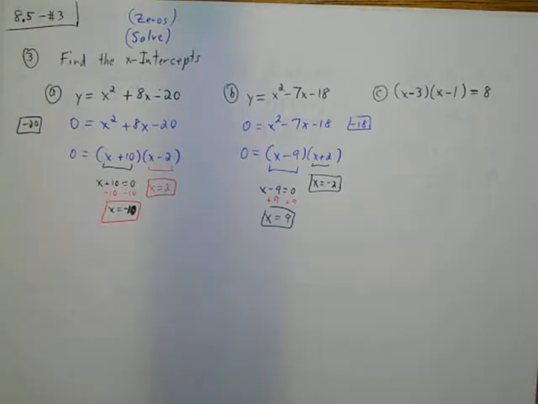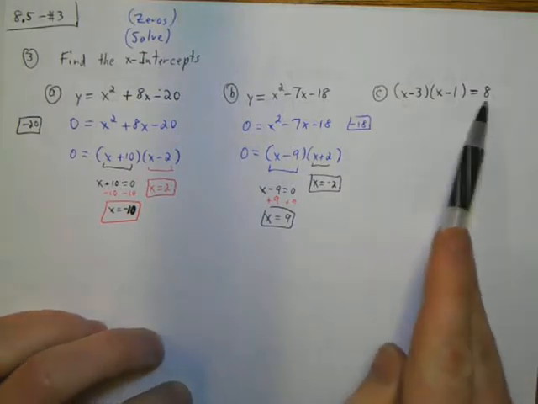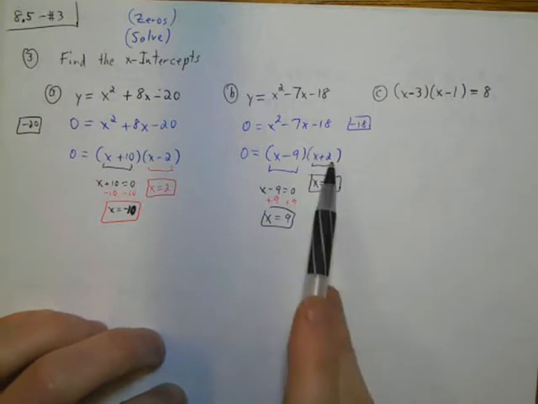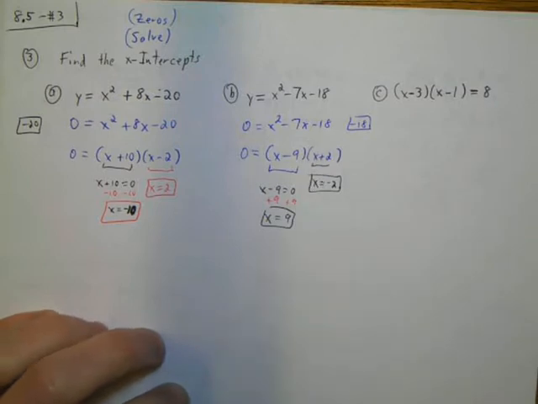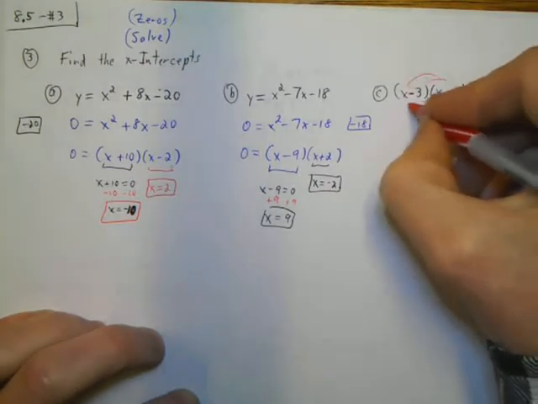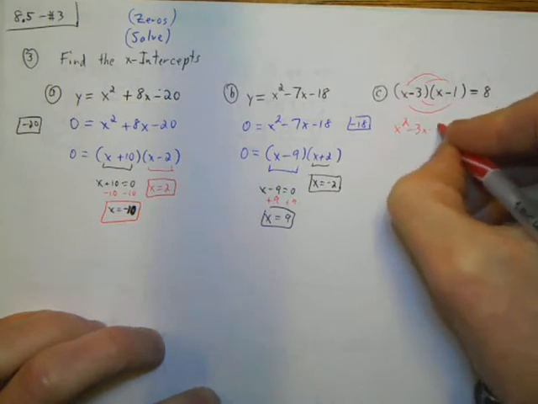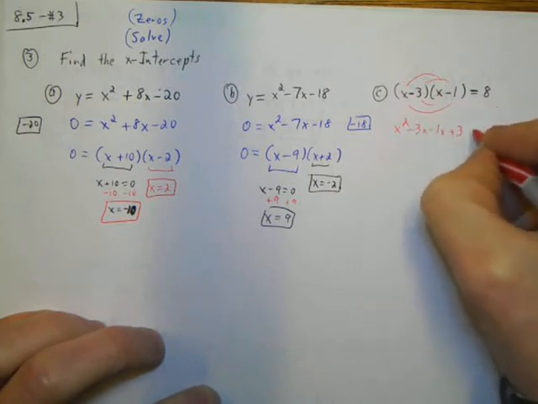Now I'm going to show you a little bit of a doozy. So C, we need to find what x equals. Now, unfortunately, it doesn't equal 0, so I can't jump in like I have right here. So we're going to kind of have to go 2 steps back in order to go 3 steps forward. So we're going to do the smiley face. x squared minus 3x minus 1x plus 3, and that all equals 8.